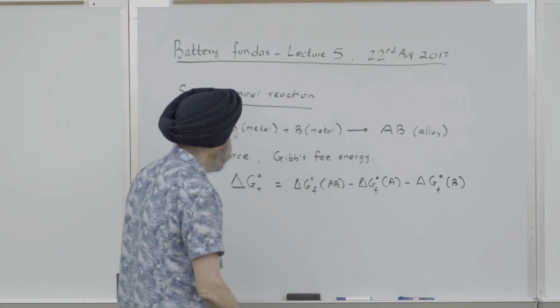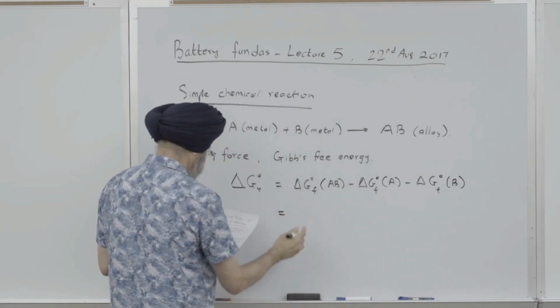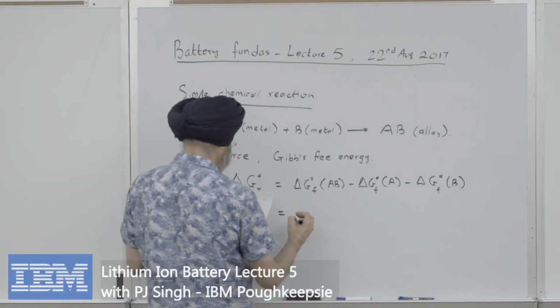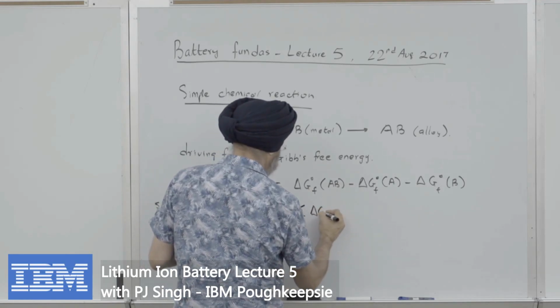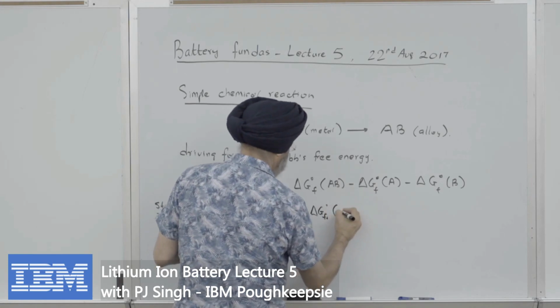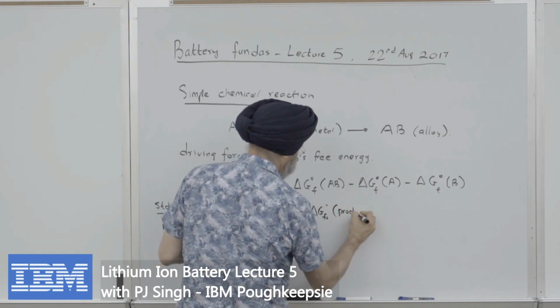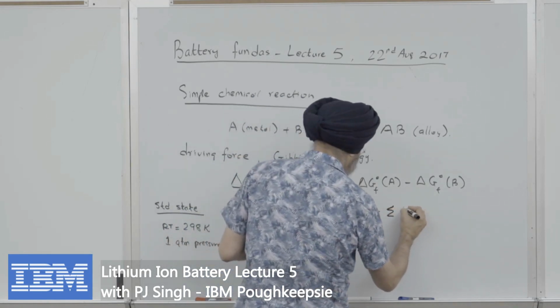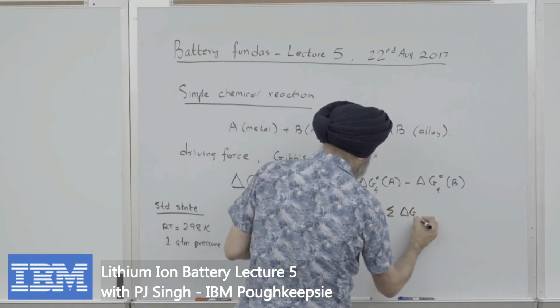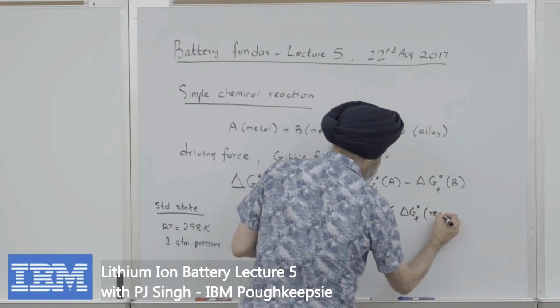So what I'm doing is basically writing this in a more generalized form: the sum of the delta G of formation of products minus the sum of delta G of formation of reactants.